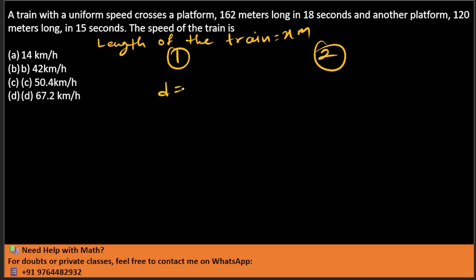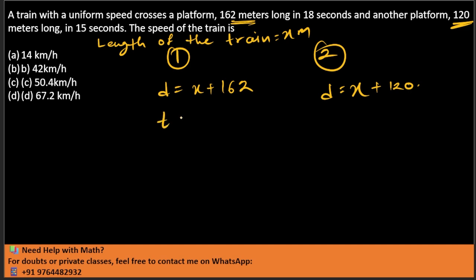Here the distance will be x plus the length of the platform, 162, and here the distance is equal to x plus 120 meters. So x plus 162 meters and x plus 120 meters.